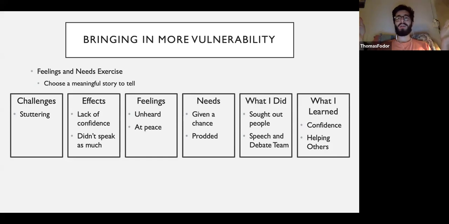And you don't have to include the most vulnerable story in your life, but look at all of these challenges and say, which are the stories that I feel comfortable sharing that convey vulnerability, but that also convey who I am as a person. You can look at the brainstorming session to get more in depth with this specific exercise, but I thought it was important to share just to see what this looks like.